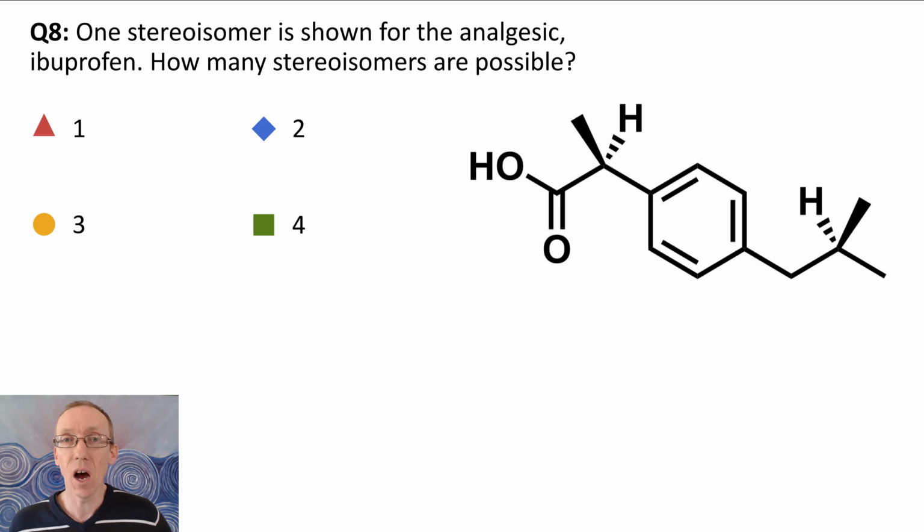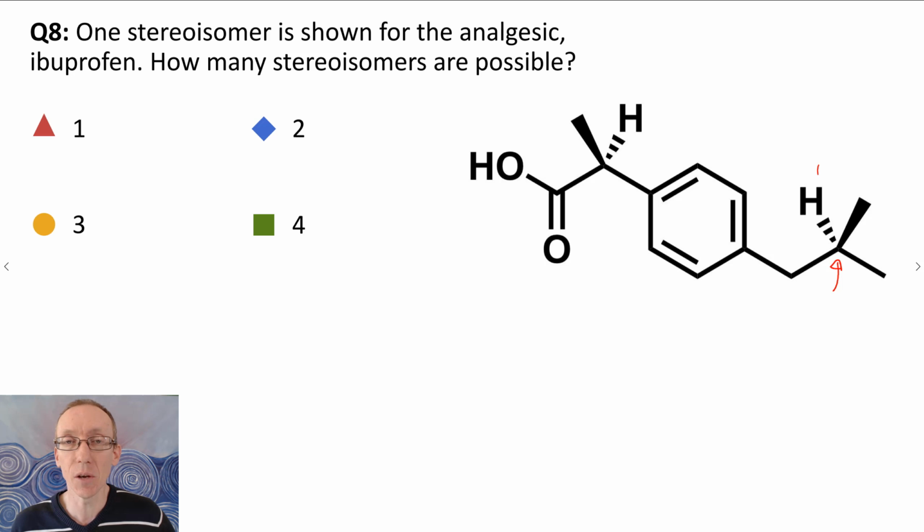So immediately your eye may be drawn to where we've shown bonds with wedges or hashed bonds. So here we've got a wedge bond here and a hash bond here. It may be drawn to this hash bond here and wedge bond here as well. But to have a chiral center, we must have 4 different substituents around a carbon atom. So let's look at this carbon atom here first. We've got a hydrogen.